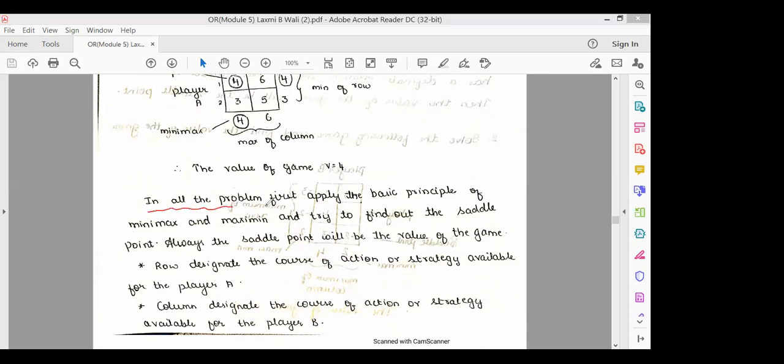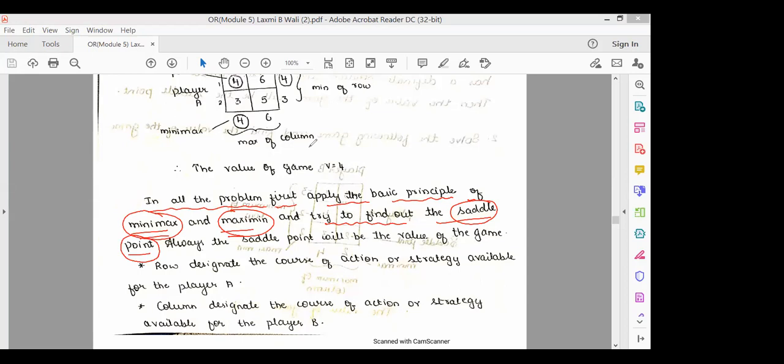So in all the problems, first apply the basic principle of minimax and maximin and try to find out the saddle point. A saddle point is the position of an element at which you're getting the same value under minimax and maximin.